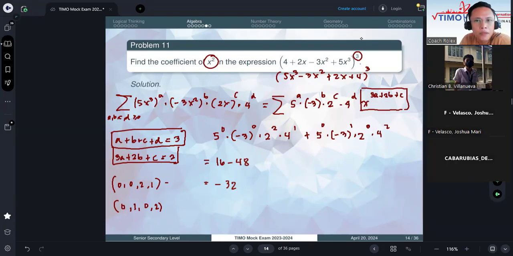I am still sharing the screen. Can you see the screen still? Can you still see the screen?